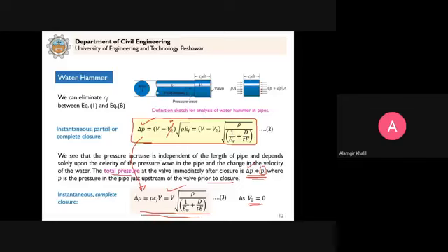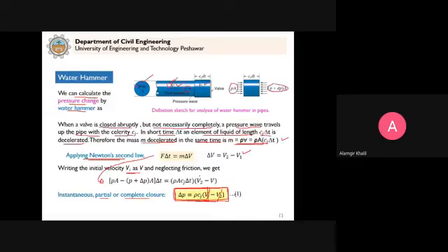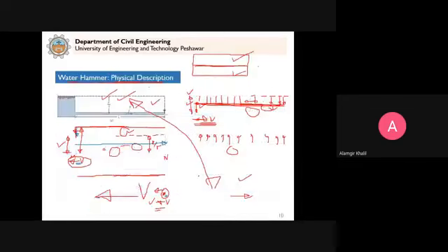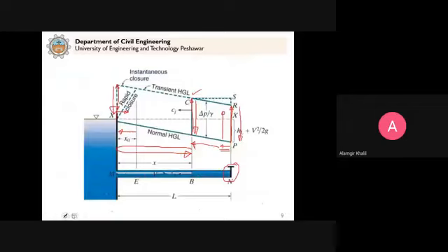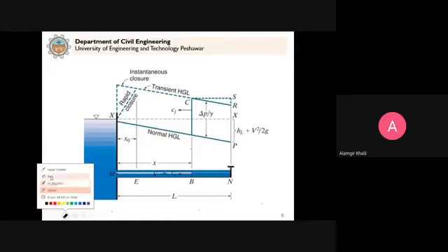So now we studied the instantaneous closure. In the instantaneous closure, we saw that all the pipe portions, all the pipe points, will experience an increase in pressure. That increase in pressure will move in the form of pressure waves, and it will complete a cycle between plus and minus pressures. Clear?